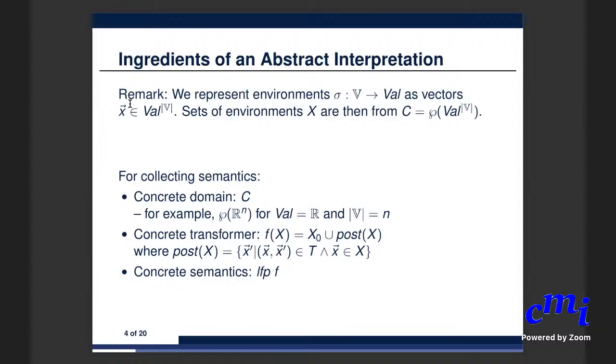Because my state will now be a vector. Okay? Because we have to capture the values that a set of variables can take, and that's why we define the set of all states as R to the n. Here I'm assuming val is real.